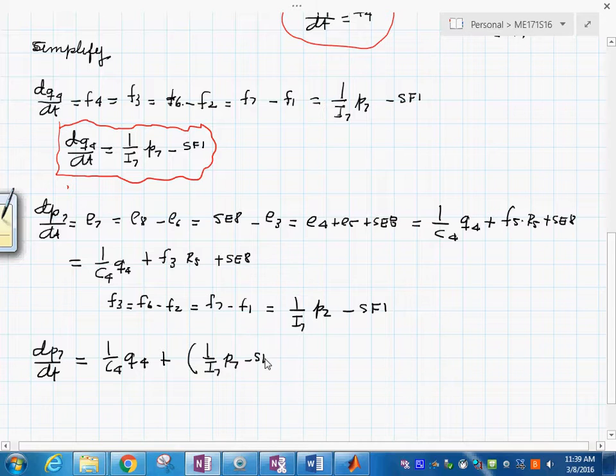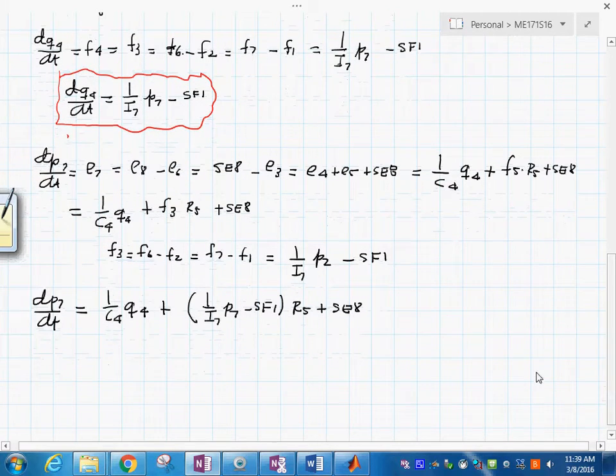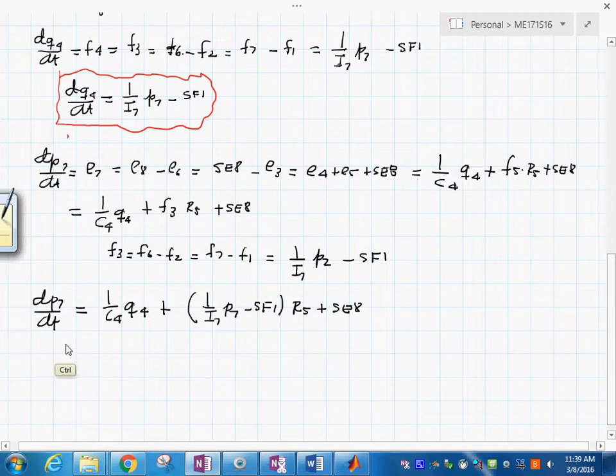You see, this is the second equation in here. Let me just put the numbers in here so that they are easily recognizable: 1 and then 2.